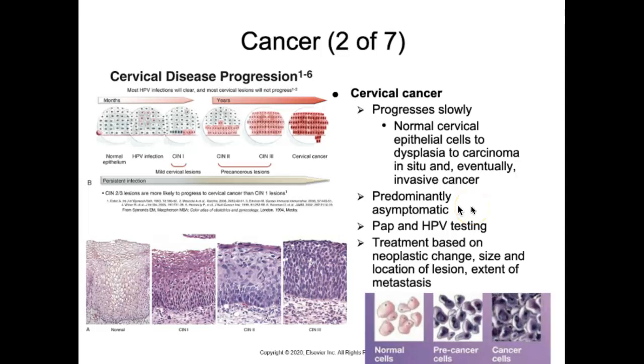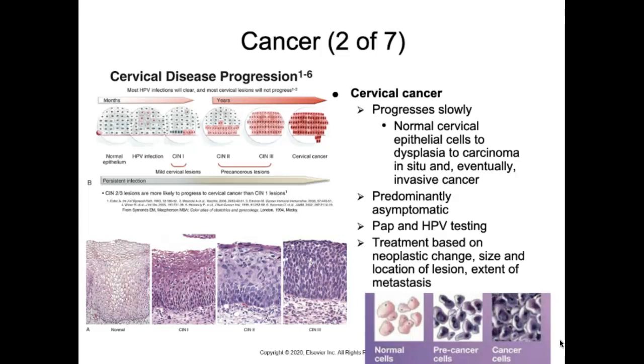Some of the clinical manifestations these patients may have, if it's early invasive cancer, are abnormal vaginal bleeding, persistent vaginal discharge, and some pain and bleeding after intercourse, which may prompt them to go get tested and find out what stage their cervical cancer is in.